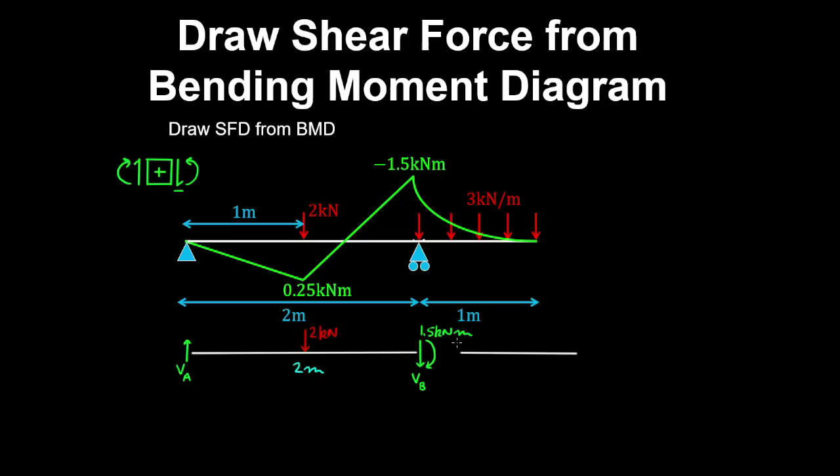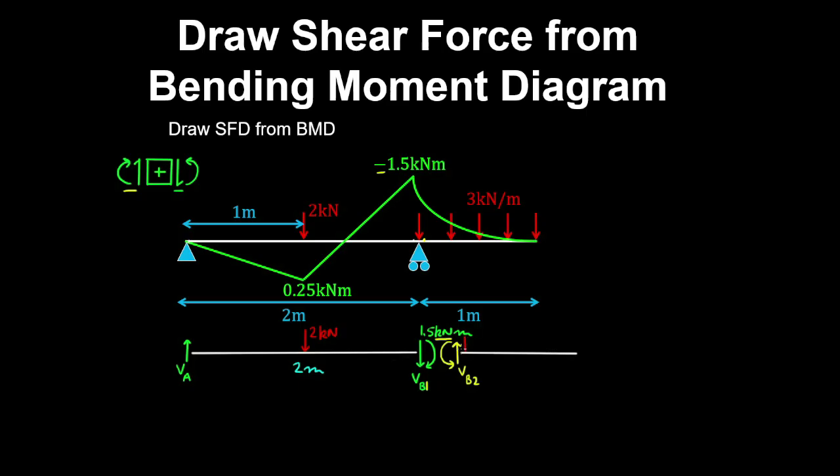Now on this segment we also have a shear force, so I'll call this one VB1 and this shear force VB2. And we have a hogging moment which is negative, so it causes tension in the top of the beam. And that's the same hogging moment of 1.5 kilonewton meters. And at the overhang we have a 0 shear force and 0 bending moment.